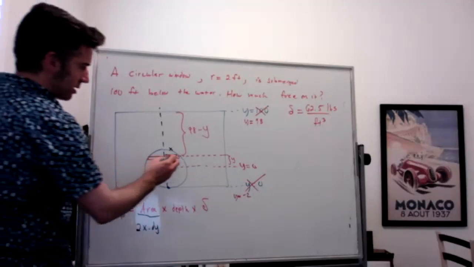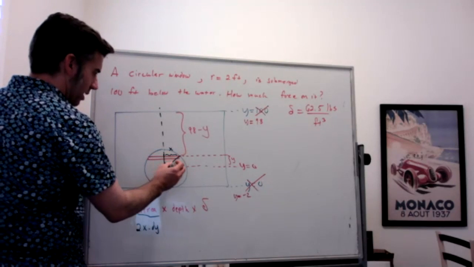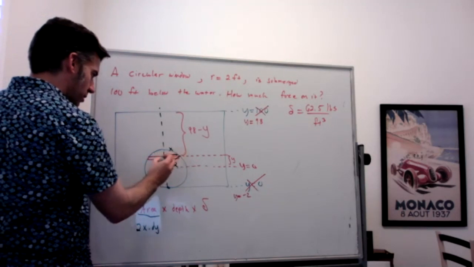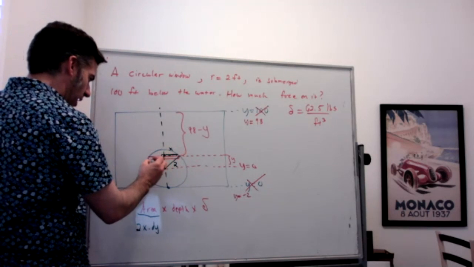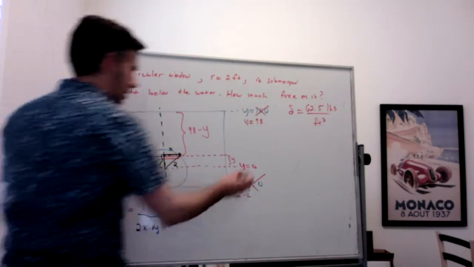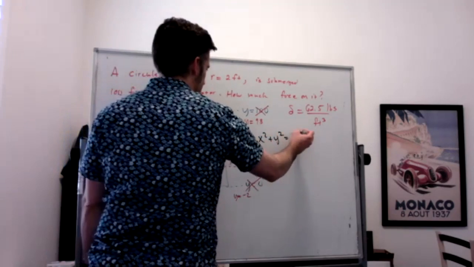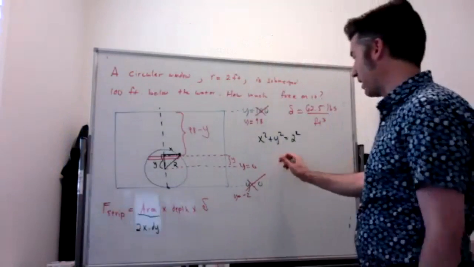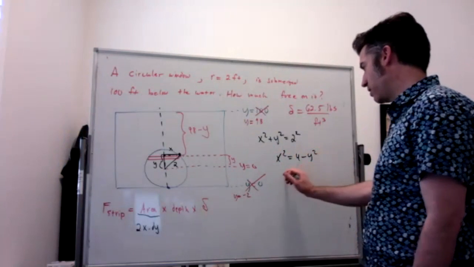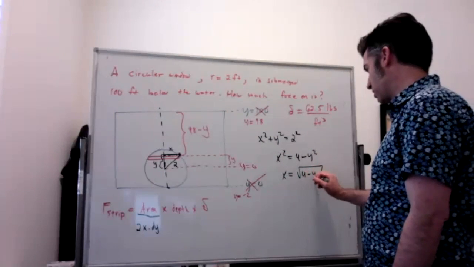The equation I'm going to write is, well, I see the Pythagorean theorem. I see that this length is 2, this length here is y, and this length here is x. So that x squared plus y squared equals 2 squared. Solving for x squared equals 4 minus y squared, x equals the square root of 4 minus y squared.